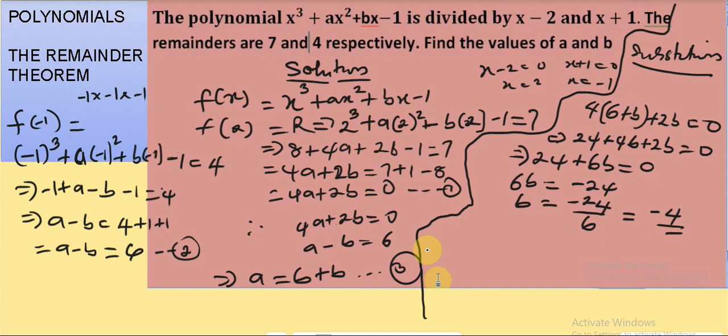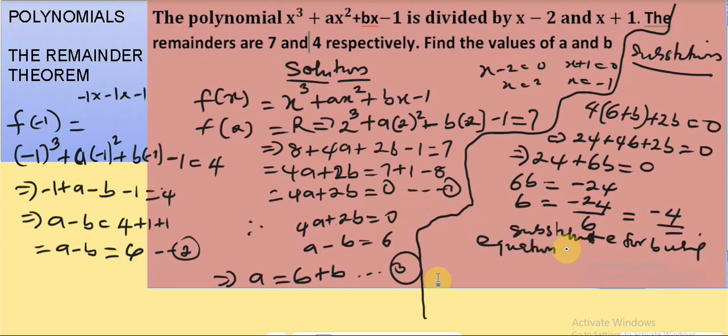So now, for me to get the value of a, I'm going to bring out equation 3. But remember, I'm going to substitute for b using equation 2. Anyway, equation 3 and equation 2 are almost the same.